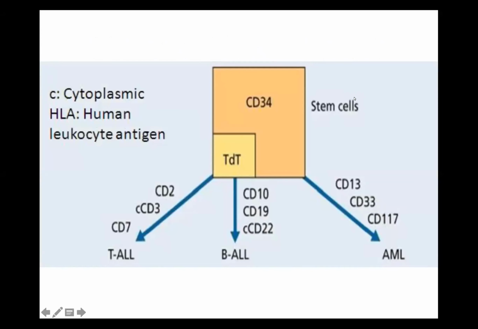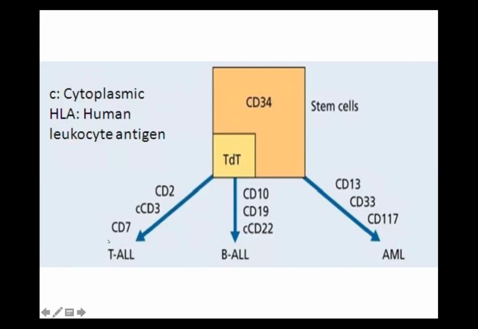All right, so I'm going to talk about the markers of blasts. Generally speaking, they're CD34 positive, but some of the types will have CD34 negativity. Some of them will be TdT positive as well. Generally speaking, again, the myeloid markers are CD13, 33, and 117. So when the blast is positive for these markers, we go towards acute myeloid leukemia. However, if we see B lymphocytic markers, it's more towards B-ALL.